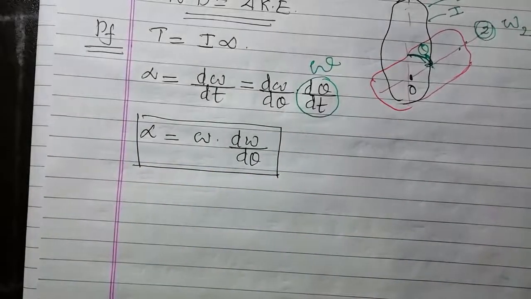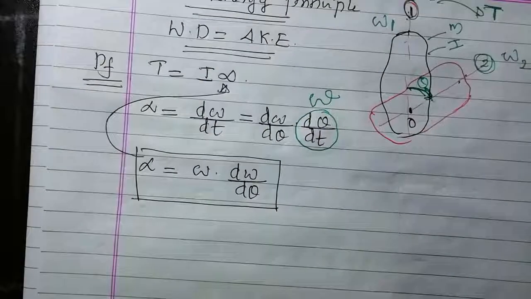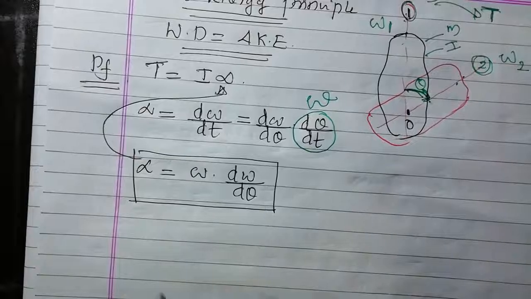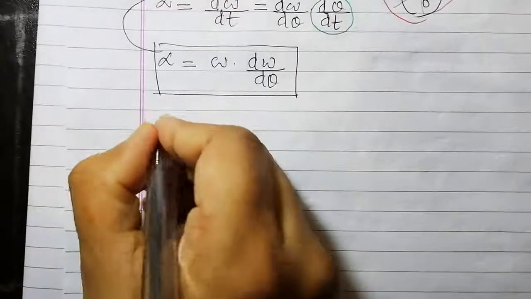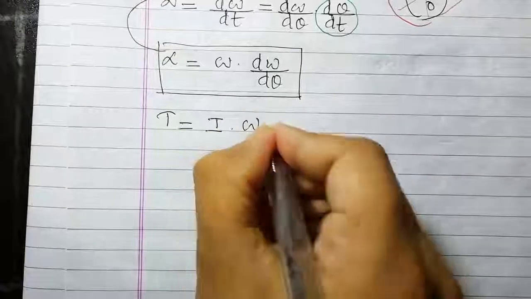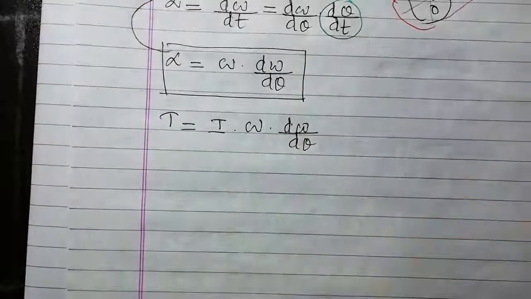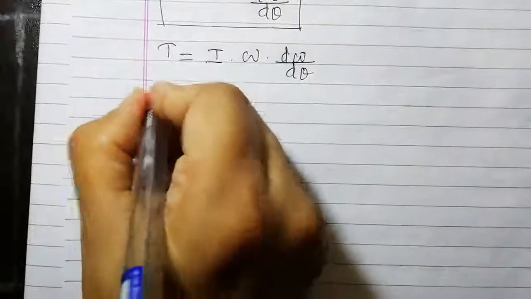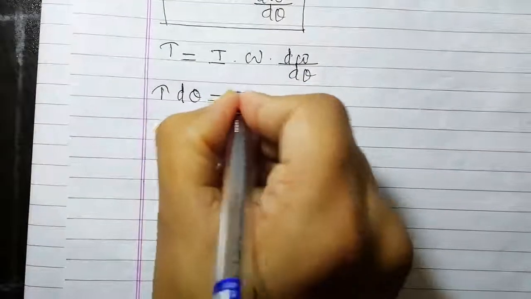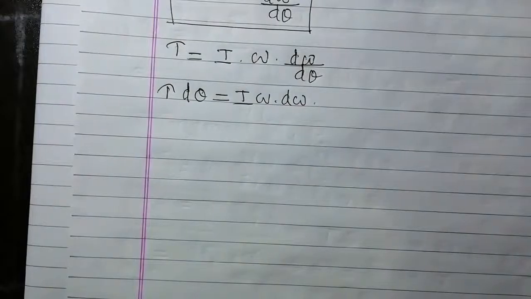Now substitute this expression in the relation T is equal to I alpha. So T is equal to I into omega d omega by d theta. Then rearranging, T d theta is equal to I omega d omega.